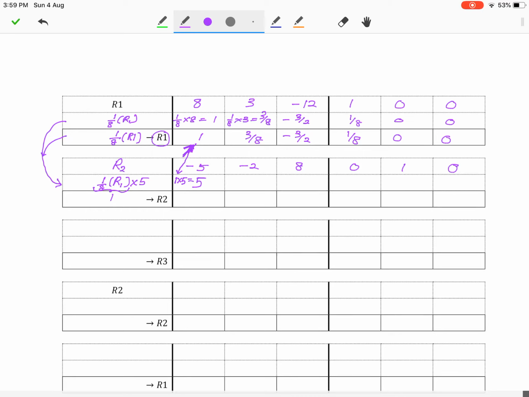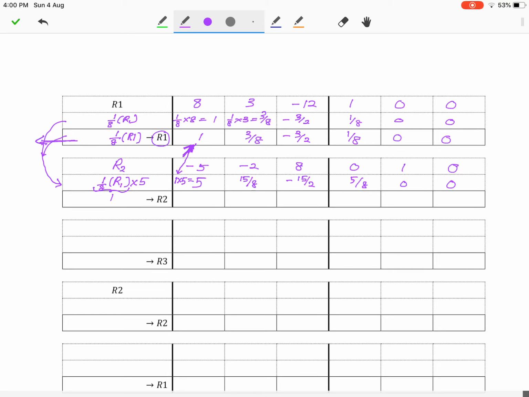That means I'm going to multiply all of this row by 5. So I'm going to have 15 over 8, negative 15 over 2, 5 over 8, 0 and 0.